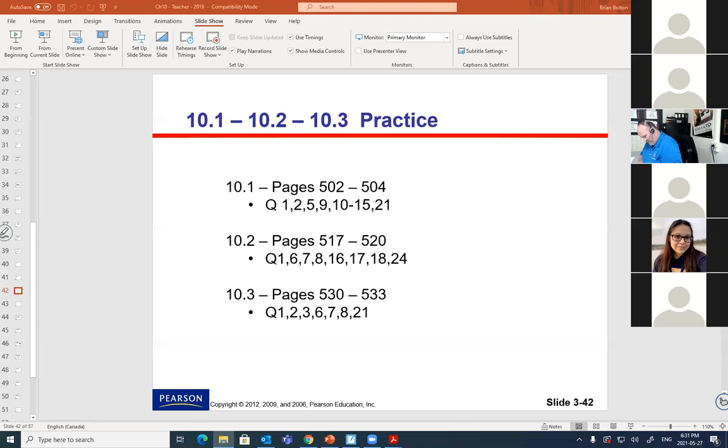Exponential form, where is it? Let's do it an easier way. Let's go to this book and I can give you the exact page.